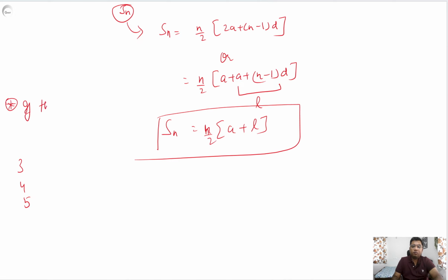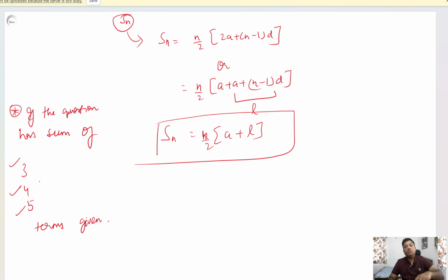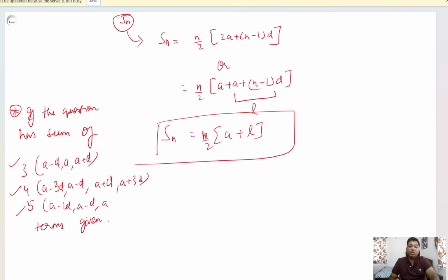If the question has the sum of 3, 4 and 5 terms given, then your assumption for those terms should be what exactly? 3 terms you assume as a minus d, a and a plus d. 4 terms you will assume as a minus 3d, a minus d, a plus d and a plus 3d. And 5 terms you will assume as a minus 2d, a minus d, a, a plus d and a plus 2d.